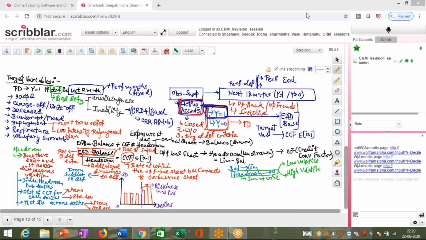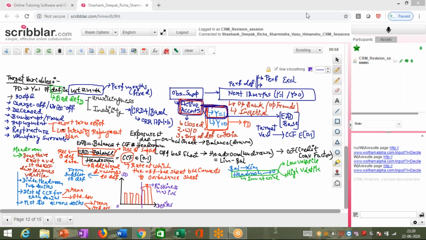From this cutoff, if there exists such a thing, we say that after this point the distribution of CCF becomes extremely risky. So we will not be using the headroom from there on, because it will make the CCF undefined or more volatile.